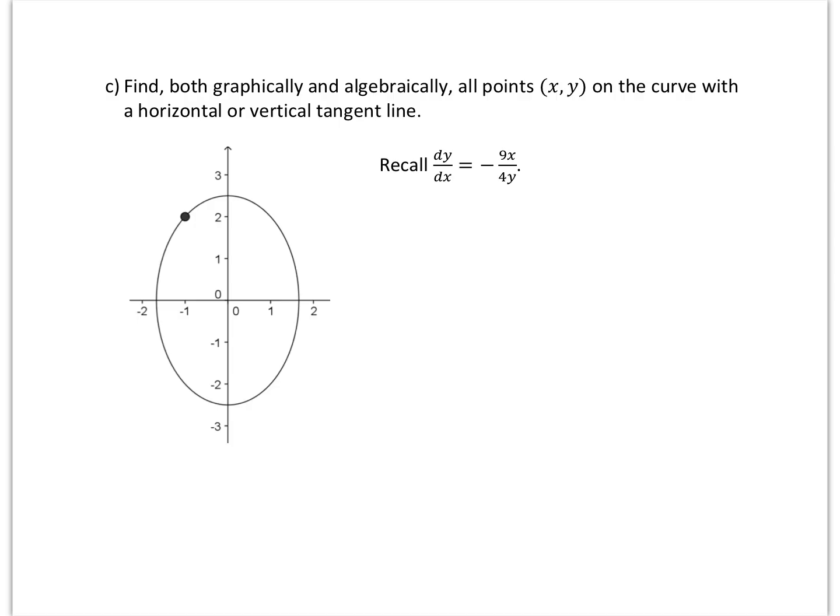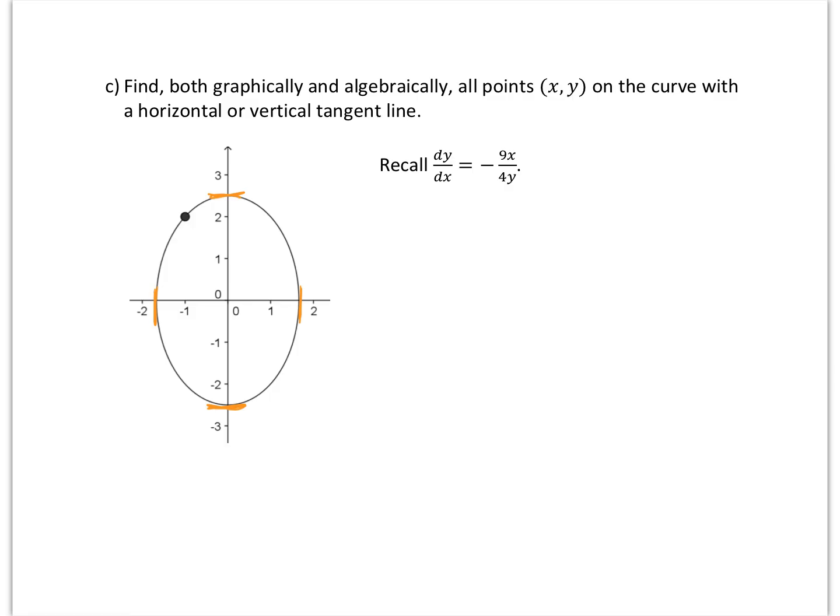Part C, we want to find both graphically and algebraically all the points on the ellipse with horizontal or vertical tangent lines. So I have vertical tangent lines here and here, horizontal tangent lines here and here. And I have a formula for dy dx, the slope of the tangent line at any point x comma y.